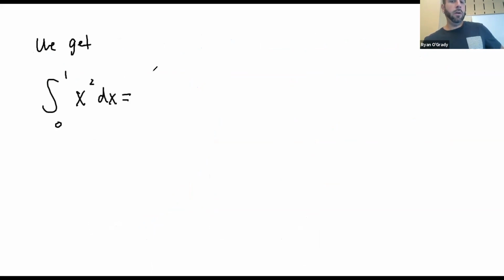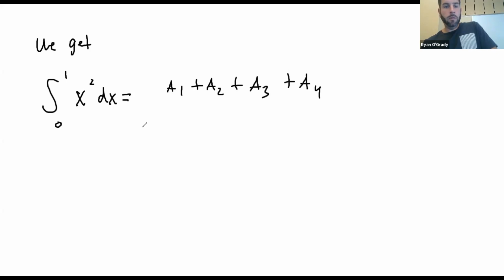Well, what is it? Maybe we'll write this out. This is going to be A1 plus A2 plus A3 plus A4. So what's the first one? Well, it's going to be the height, which is 0, plus 1/4 squared over 2.